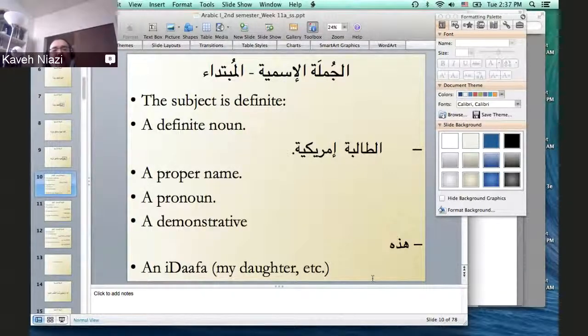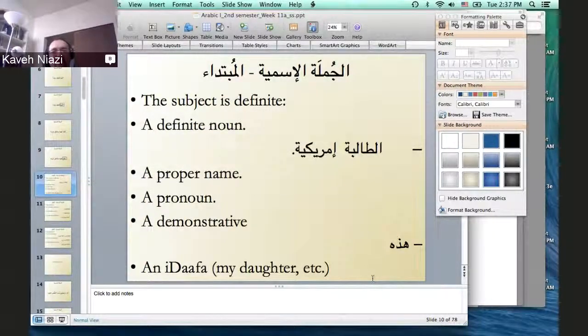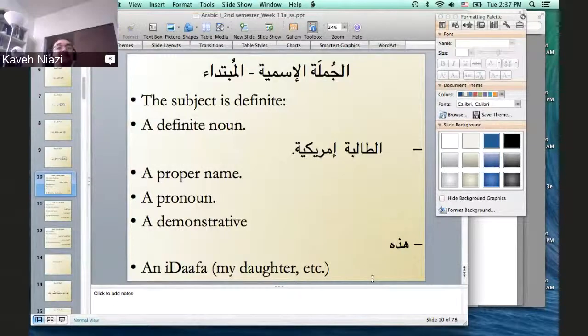How would I say my daughter is American? My daughter would be simply binti. Binti Amrikiya would work. All right. Binti Amrikiya is a perfectly good nominal sentence.